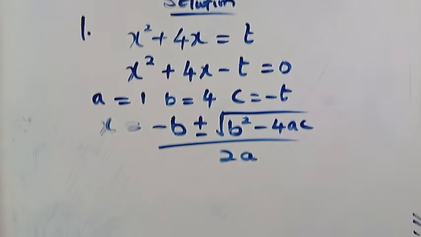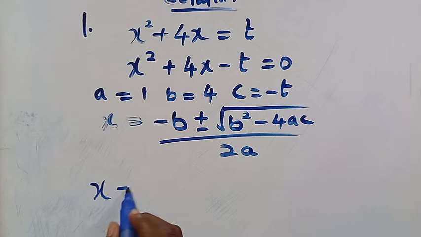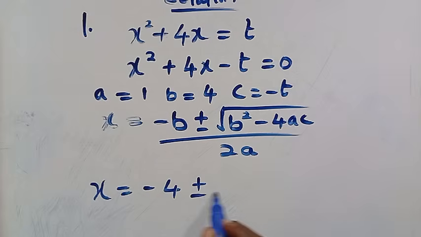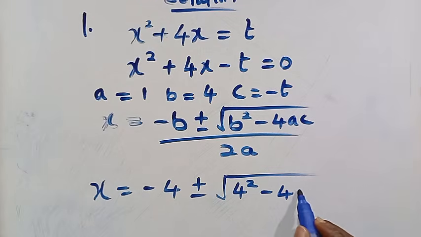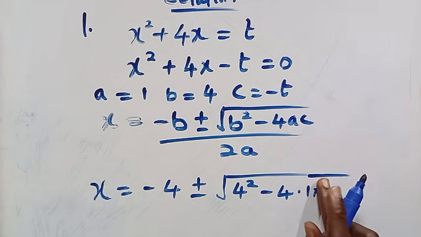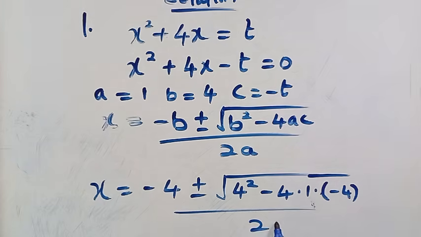Once this is known, we keep substituting: x equals minus 4 plus or minus the square root of 4 squared minus 4 multiplied by 1, multiplied by open bracket minus t, all divided by 2 multiplied by 1.